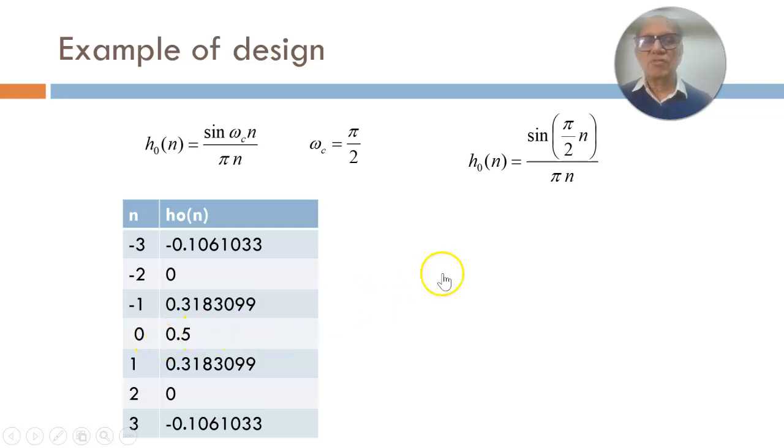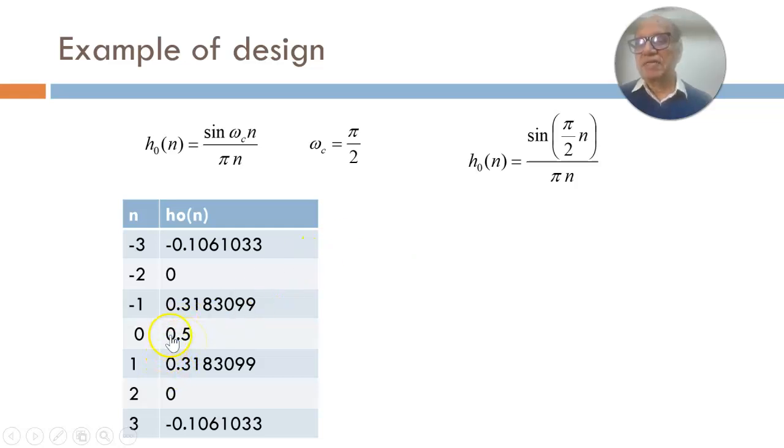Now, when n is equal to 0, you have to solve the limit, which you can easily solve by noting that sine theta approaches theta as theta approaches 0. In that case, as n approaches 0, the numerator approaches pi by 2 n. So pi will cancel, n will cancel, and you are left with 1 by 2. So that will be equal to 0.5.